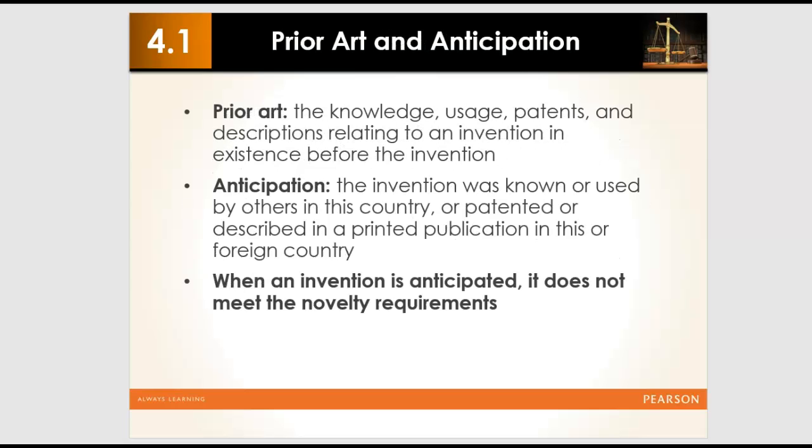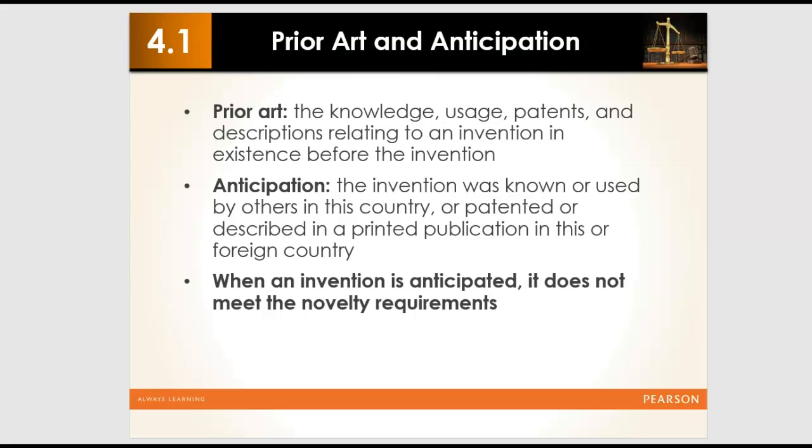All right, so moving on. We were discussing prior art a little bit. So prior art is everything, in other words, knowledge, other patents, or even usage of your invention or something similar to your invention that is already in existence, that we can find anywhere. We can find it in our country, we can find it in other countries.